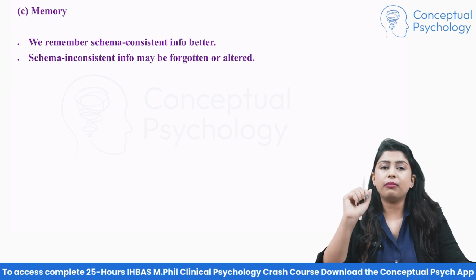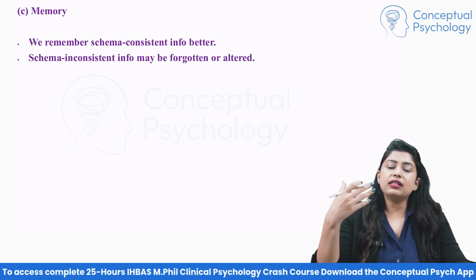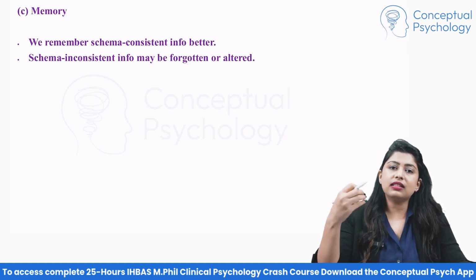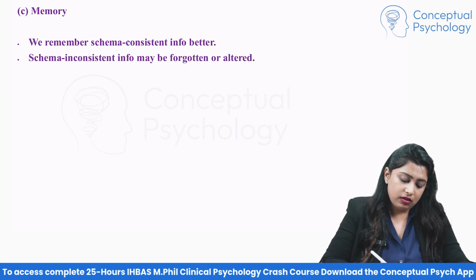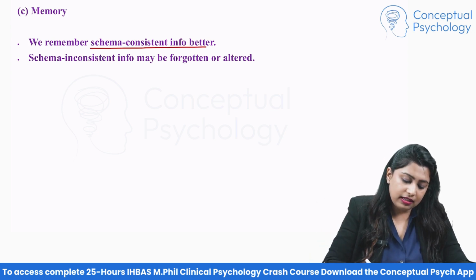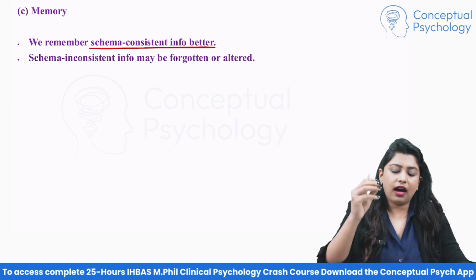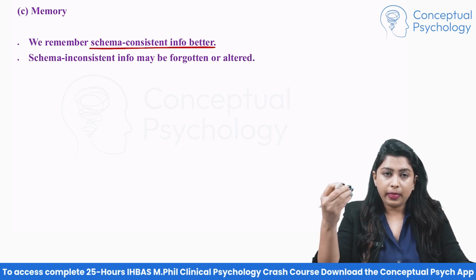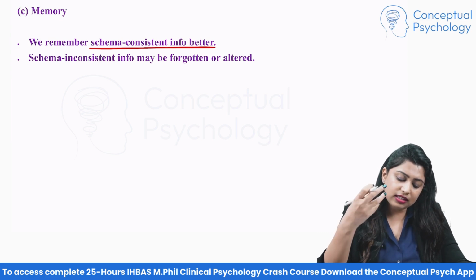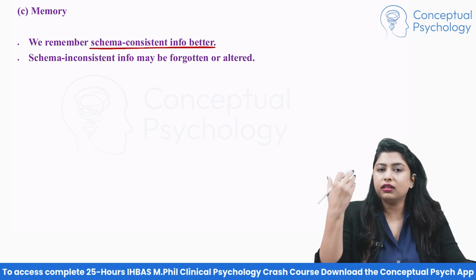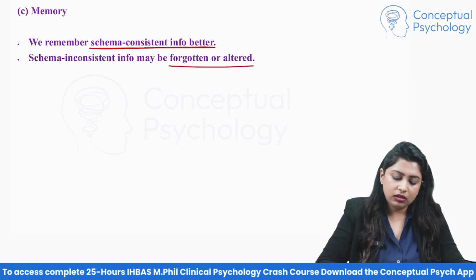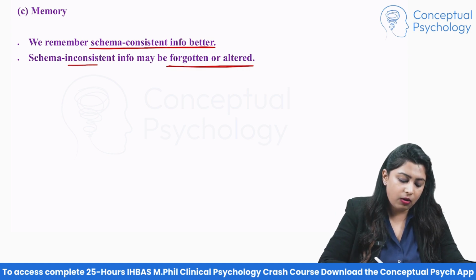The third is the memory. So we remember the schema-consistent information better. The information which is inconsistent with our schemas may be forgotten or altered.